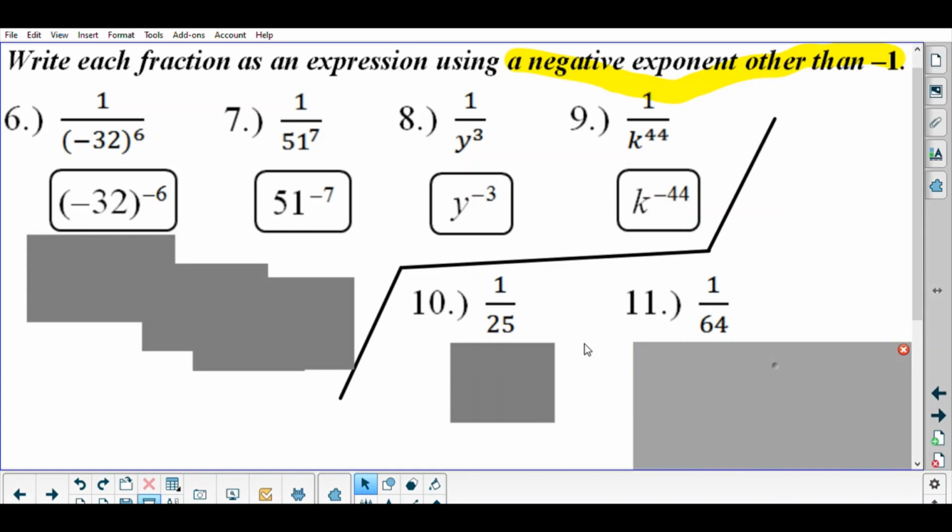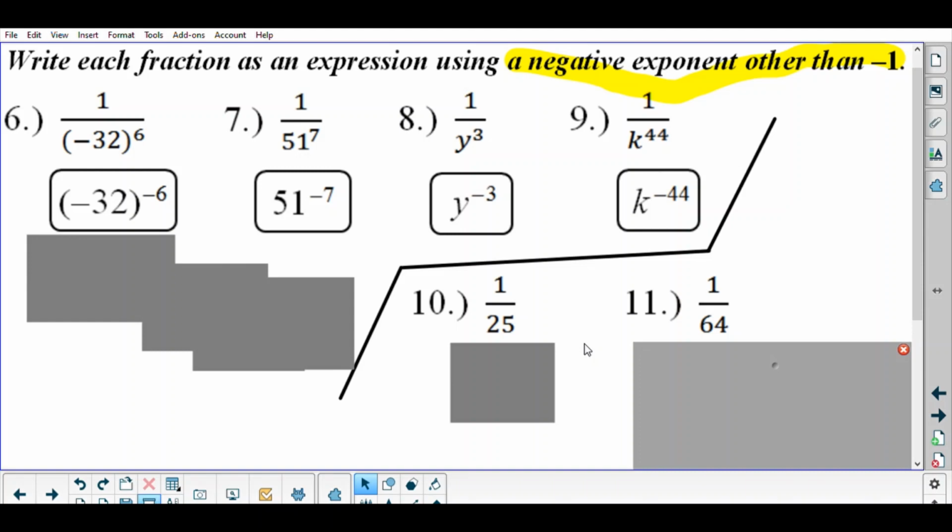So you're going to have to get creative. Here's a hint. It's going to be a different base other than 25. Something else being taken to a negative exponent. So with that hint, try 10 and 11 on your own if you haven't already, and then hit play whenever you're ready for me to go over them.